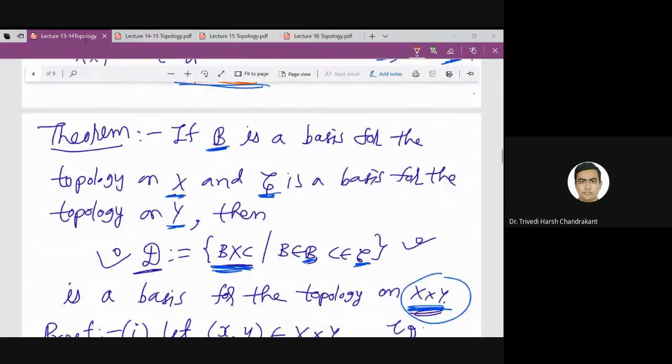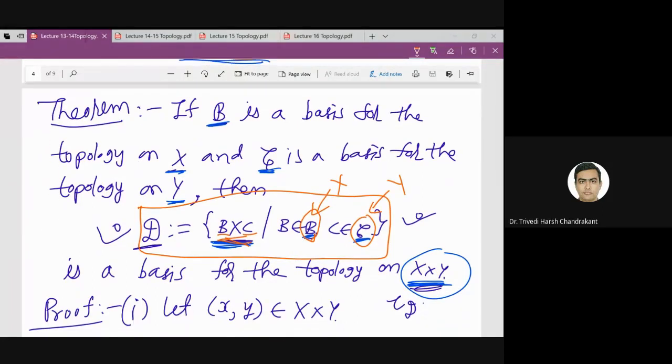And we have also seen that it has another basis which I gave as an exercise, that if I take all the sets of the form B cross C, where B is a basis of X and C is a basis of the topological space Y, then all such sets form a basis on X cross Y, and it generates a topology. That topology is the same as the product topology.